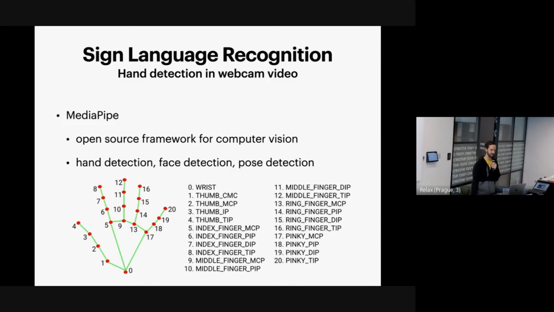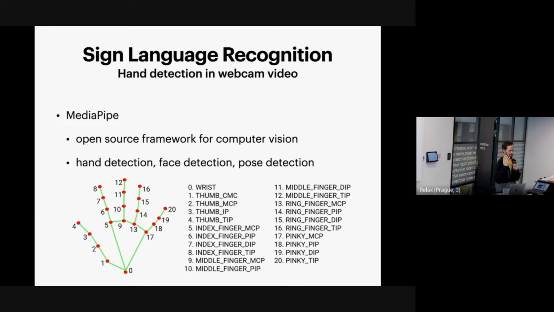That solution is called Mediapipe. It's an open source framework. I think it now belongs to Google for some reason, but they kept it open source. And it can do many more things than just what I was focusing on, which is hand detection, face detection, and to some extent pose or body detection.